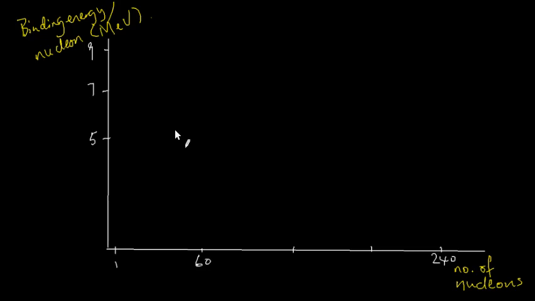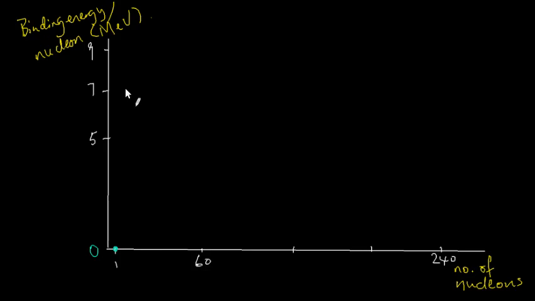Now for hydrogen, because it's just a proton, there's nothing to separate, therefore the binding energy is 0. So that's simple enough. Now the next element from hydrogen is helium.